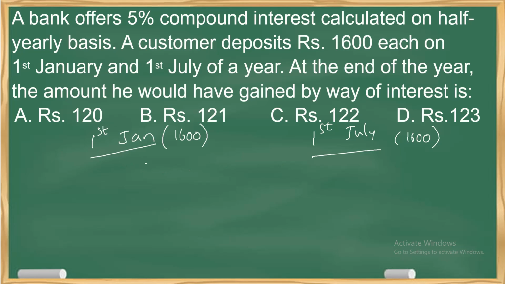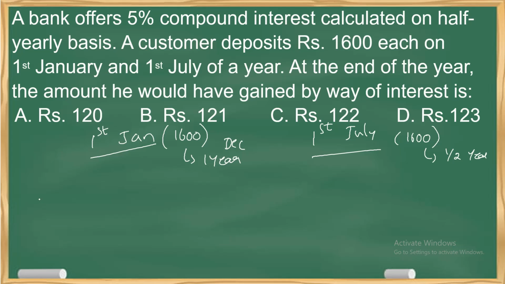So the total amount deposited in the bank, irrespective of the month and year or percentage, is 3,200 rupees. Understand the point here? Now till December this amount will last for 1 year. Till December this amount will last for half year. So that is the difference you need to understand here.